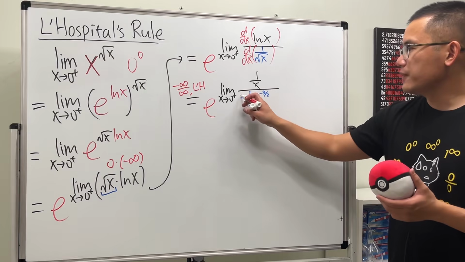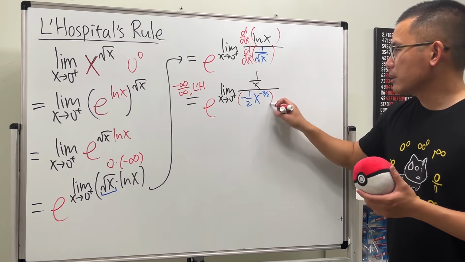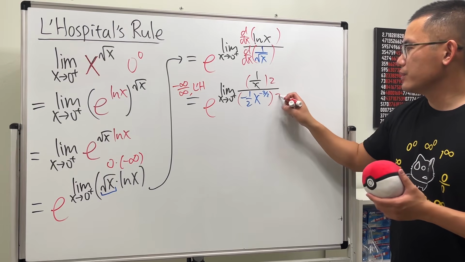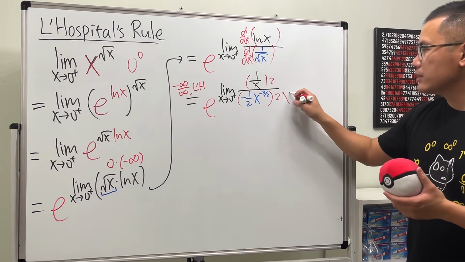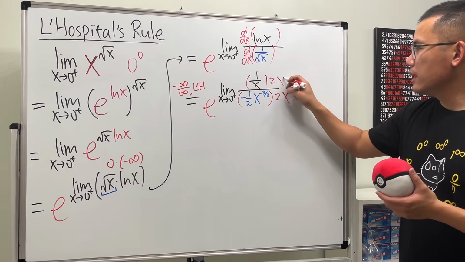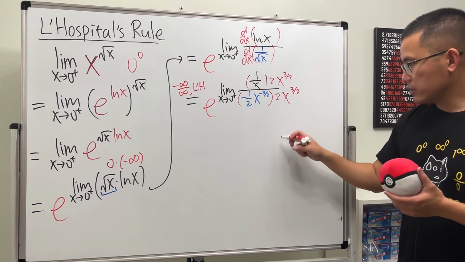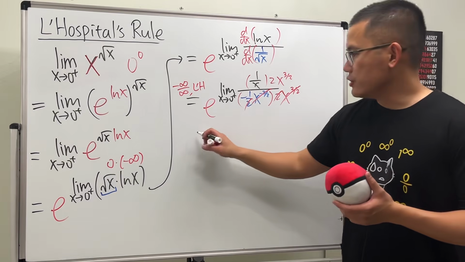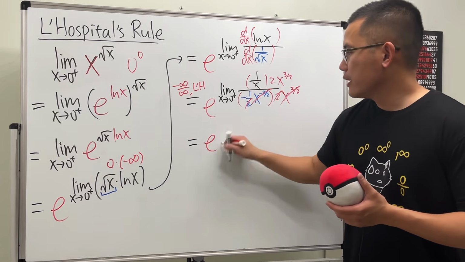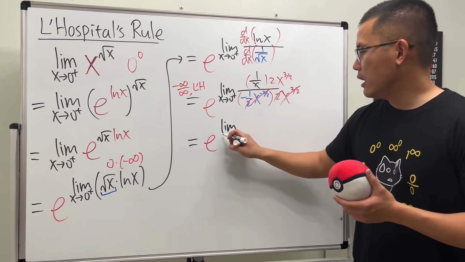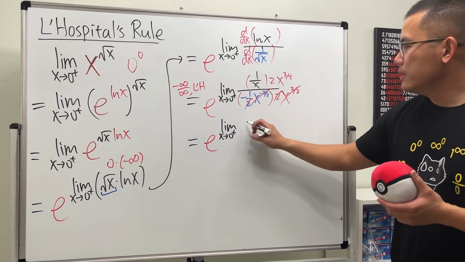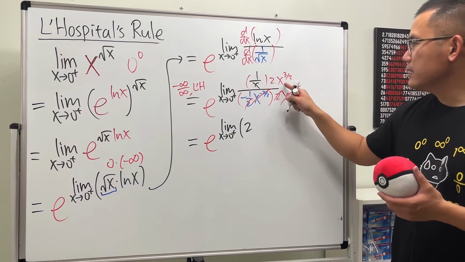Alright, so let's finish it. And we'll do so by multiplying the top and bottom by exactly what we did earlier too. So 2. And also x to the 3 over 2 power, x to the 3 over 2 power, so that this and that cancel, this and that cancel. And ladies and gentlemen, we will get e to the limit of x approaching 0 plus 2 times x.